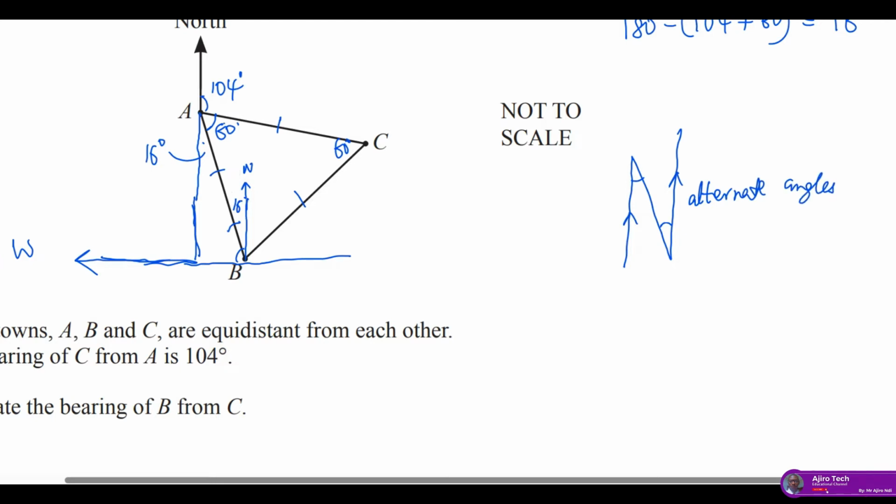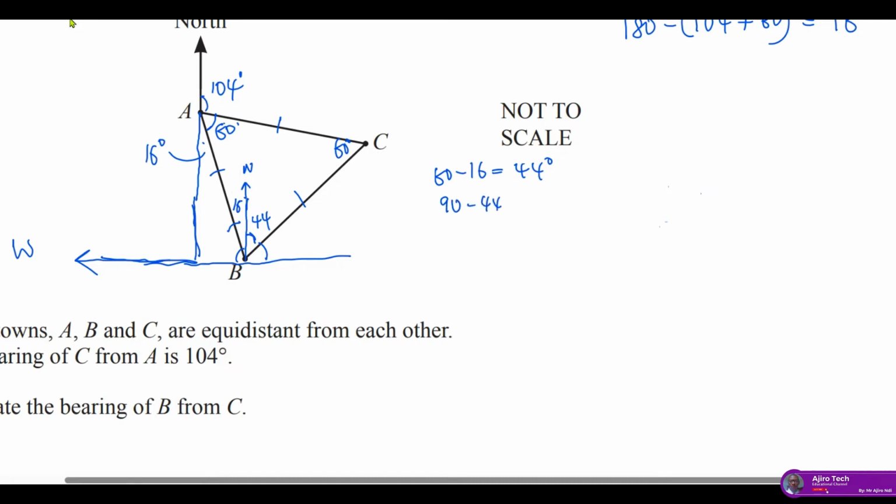So if this is 16, then this angle here should be 60 minus 16, which is 44. So this angle is 44. So I can know C from B. If this is 44, then this angle here is 90 minus 44, which is 46.